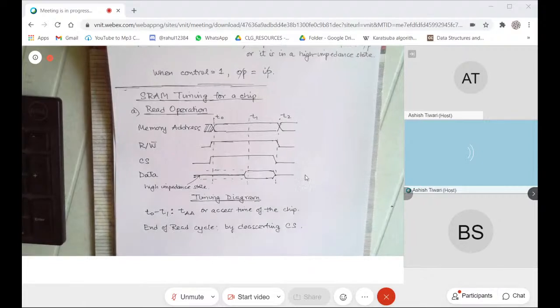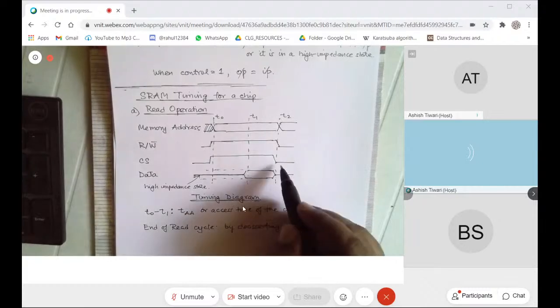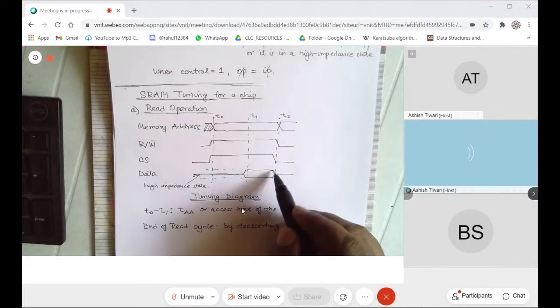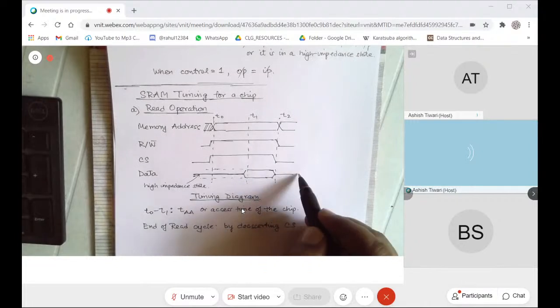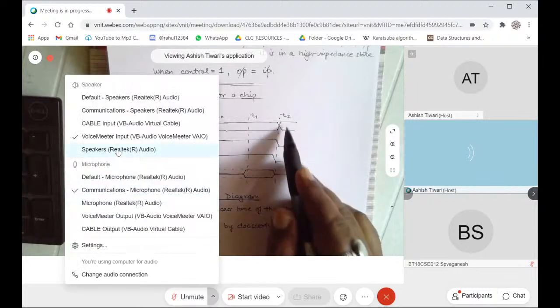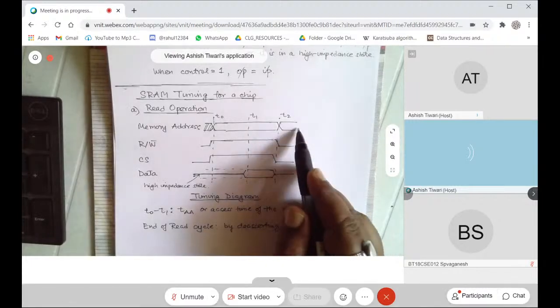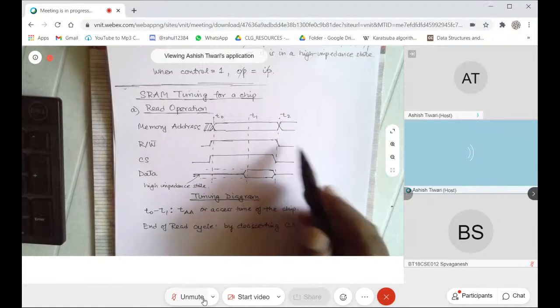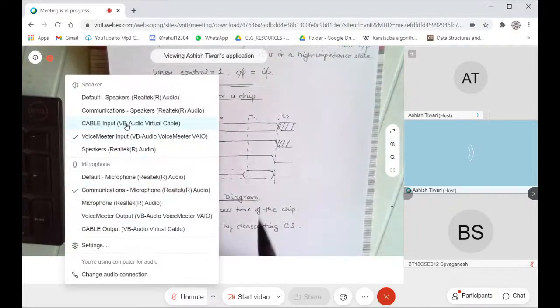So the moment you deassert CS, which means CS has to go down, it is the end of the read cycle. Then the data lines become high, and you can even remove what these values are after this. So it doesn't matter whether it's high.